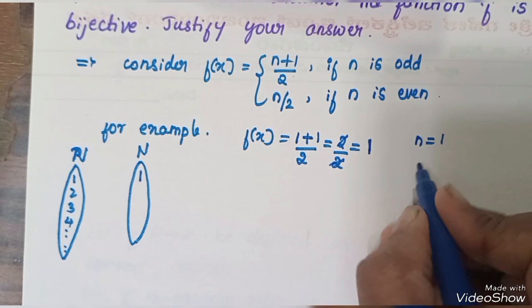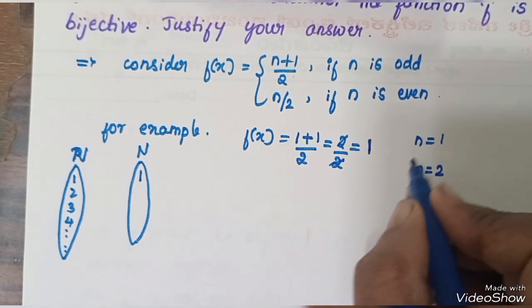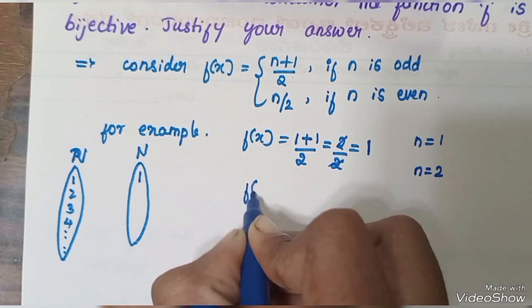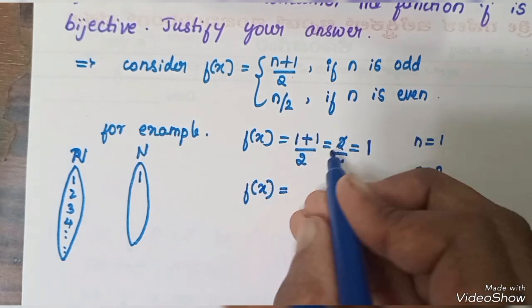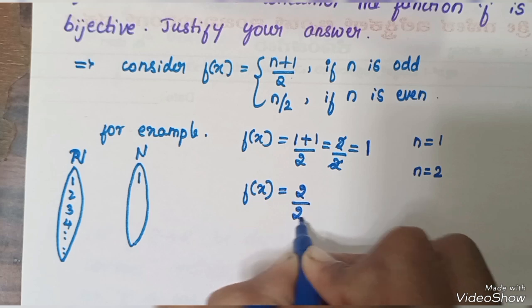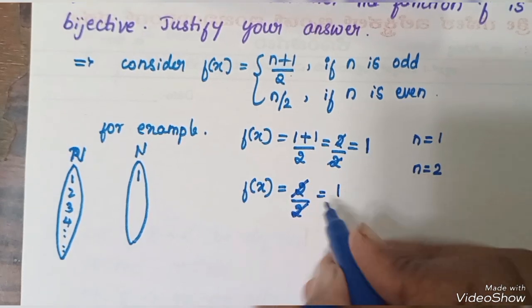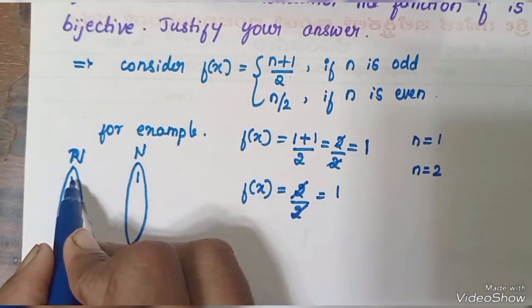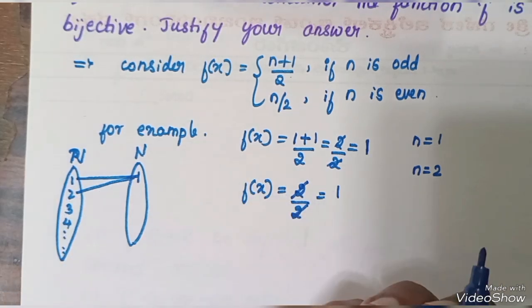Again, for n = 2, n is even, so 2/2 = 1, because the 2 gets cancelled and we get the result 1. So 1 has the image 1, and 2 has the image 1.